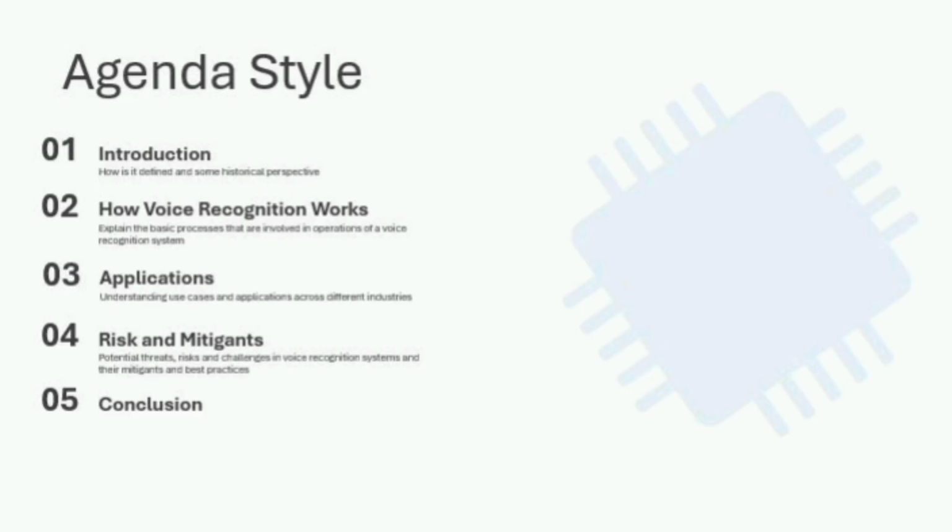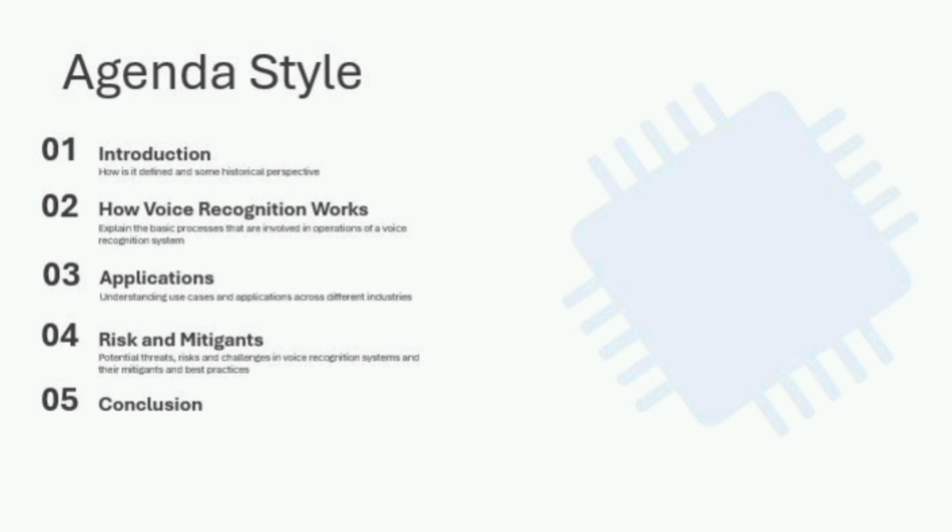So today's agenda is: first we will introduce the topic to you and talk about how it is defined and some historical perspective. This will be followed by how voice recognition works. We will explain the basic processes that are involved in the operations of a voice recognition system.